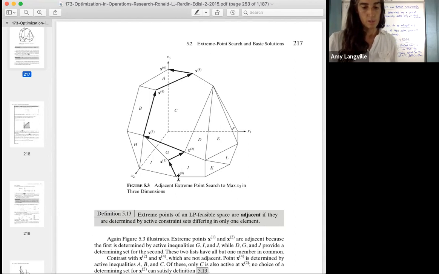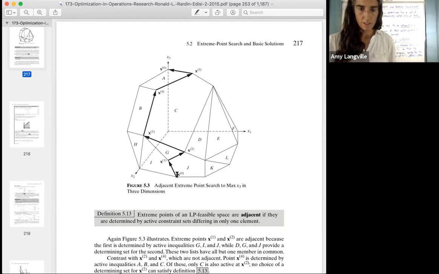Okay, let's look at x1. Say we're at x0 and we want to go to x1. Let's again talk about how they're adjacent. Clearly we can see that from a picture, but how are we going to do this in n-dimensional space? Well, the definition of adjacency was that the set of active constraints differ by only one element.